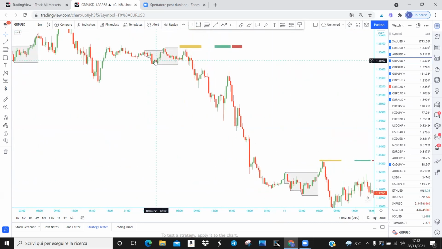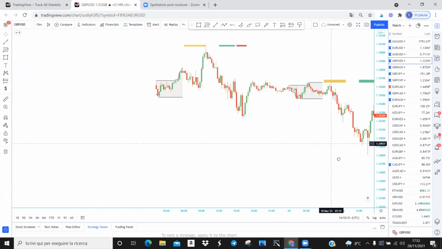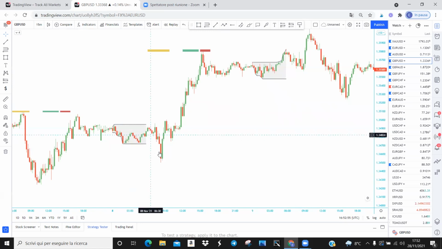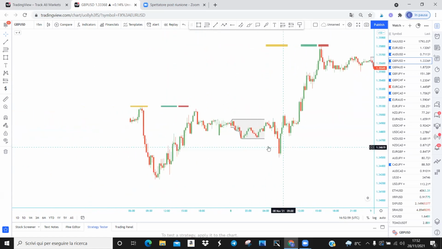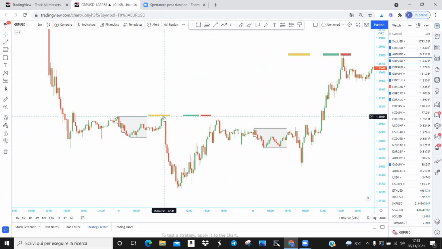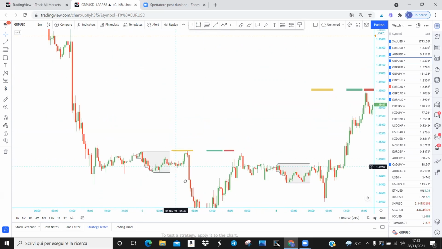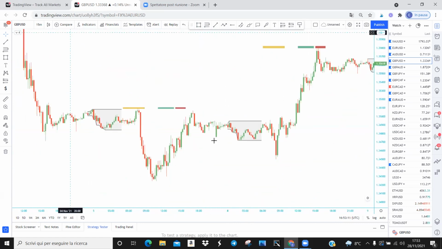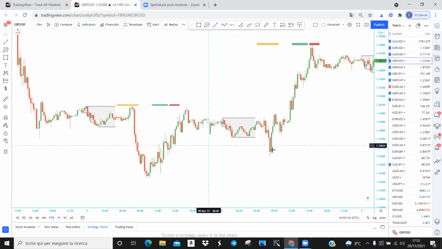All of this, acceptable. Then here, acceptable, London manipulation to continue. You see these things almost every single day. Good Asian range, London manipulation to the upside, 1 pip above the Asian range, and then we continue to the downside. And we were in a downtrend, just to make it clear.